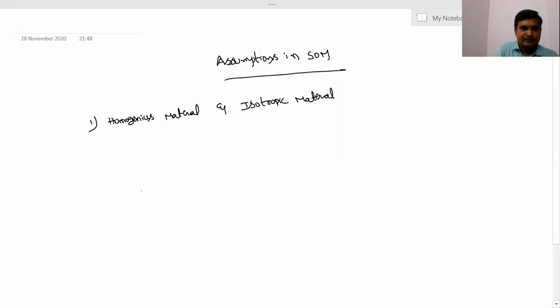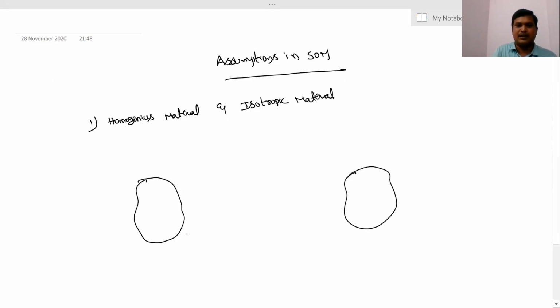What is meant by homogeneous and what is meant by isotropic? I'm taking the same body in two different cases. This is case one.